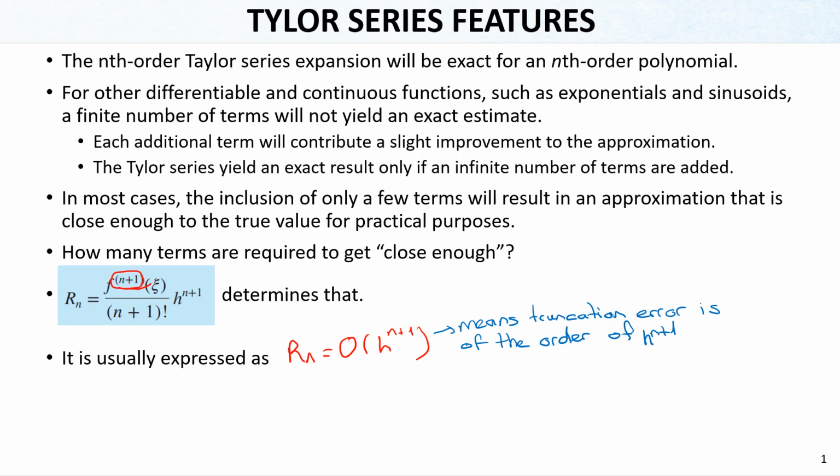So if we want to give an example, in a general example, if error is in the order of h to the power n only, if we halve the step size, it's just linear, it will halve the error.